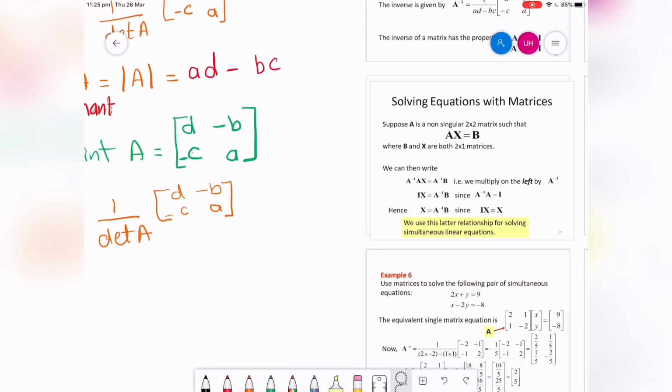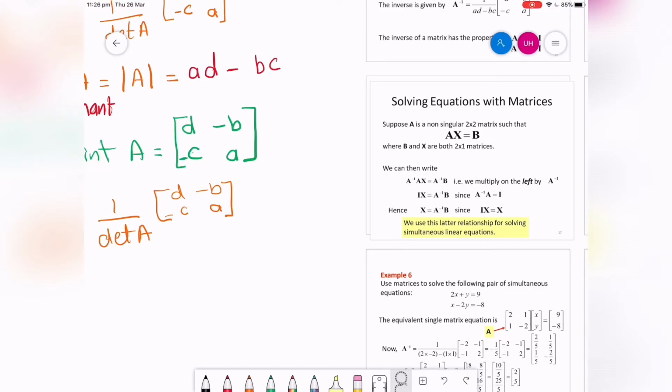So suppose we have the matrix A, which is a 2 by 2 matrix, and it's non-singular. That means the determinant of A is not equal to 0, and that means it can be inverted.